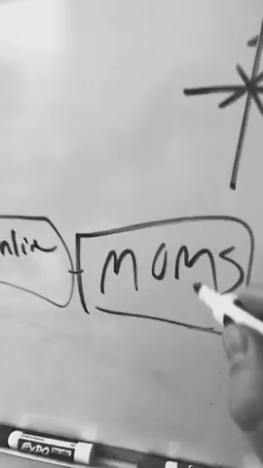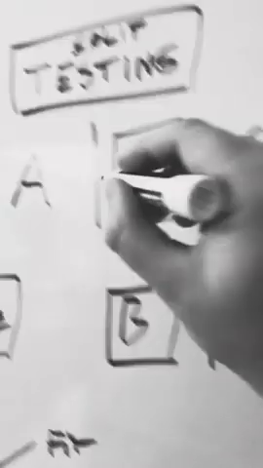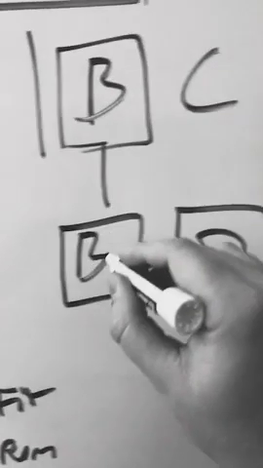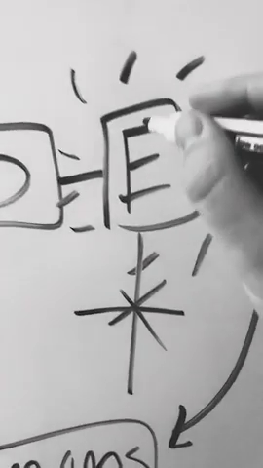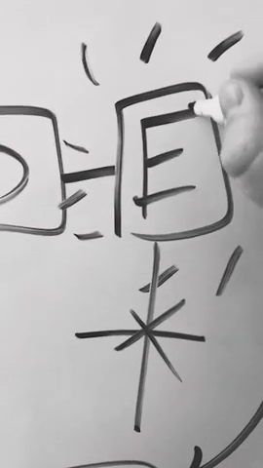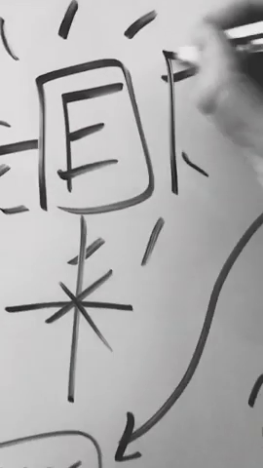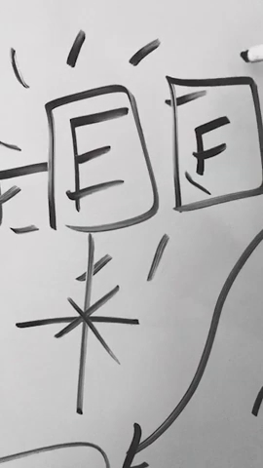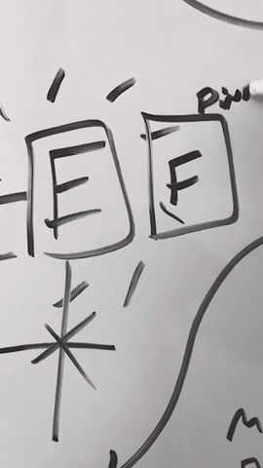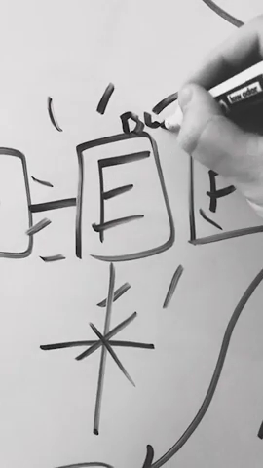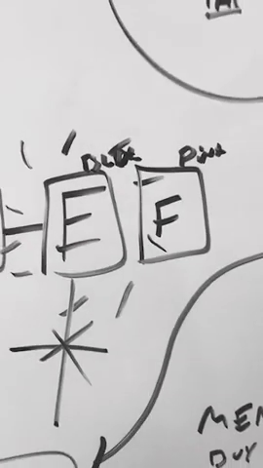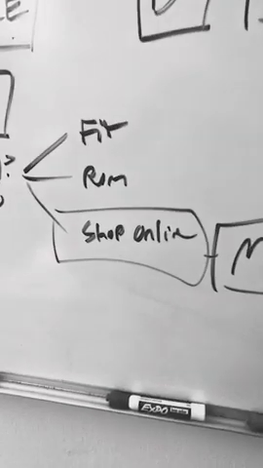Then once we figure out we have a female target audience, we can now create better ads that test against themselves. Maybe now our ads, we're going to do a test. We're going to test ad E with ad F, but we're going to do this one as pink and this one as blue. And we'll see which color resonates better with our moms, online shopping, 34 females.